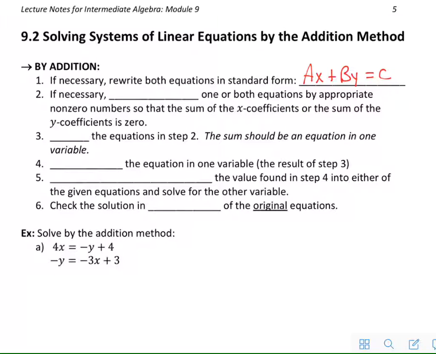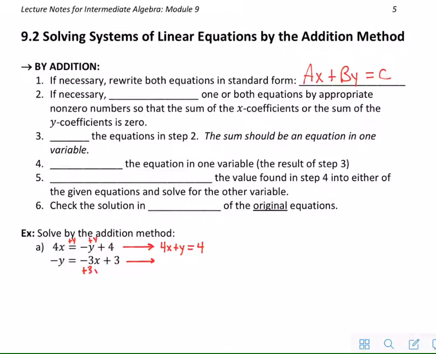So like on this one, what that means to do is move the x's and y's so they're all on one side. So on this one, what would I move to get the x's and y's on one side? Add that y over to the other side, right? So plus y would give me 4x plus y equals 4. And what about the second one?